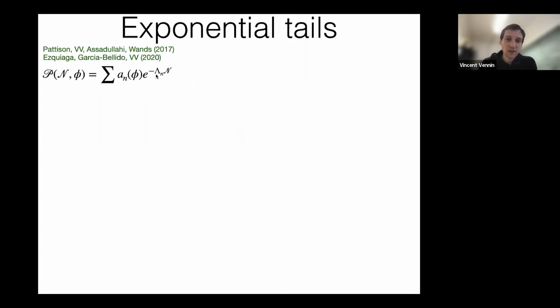So you have a sum of exponentials with some eigenvalues lambda n, and then some amplitudes an. What it means is that if you go sufficiently far on the tail, the leading exponential will dominate, the one with the smallest value of lambda. And the tail, therefore, always has an exponential decay and not a Gaussian decay.